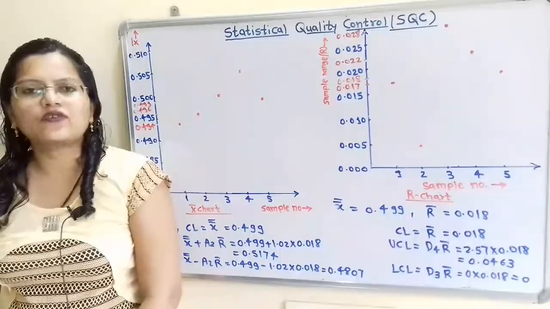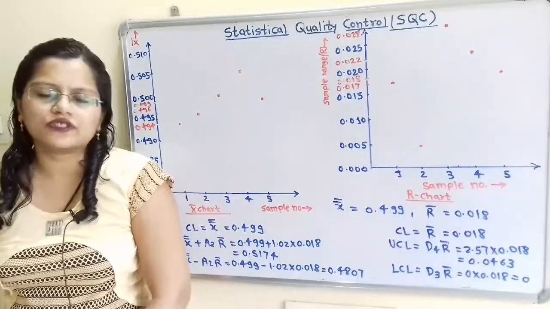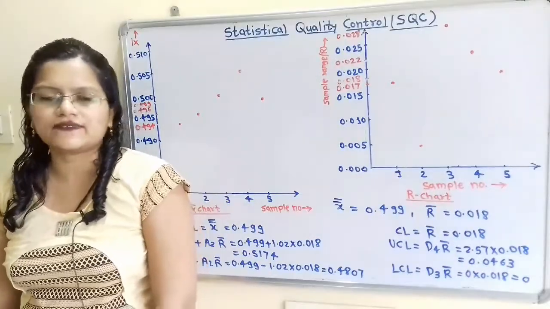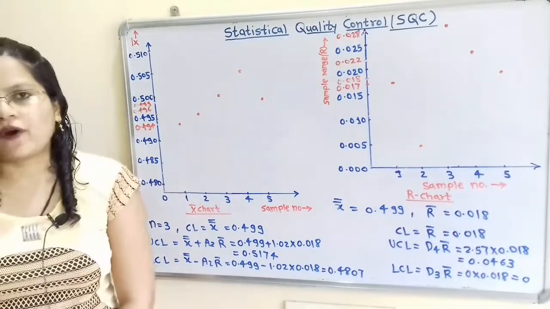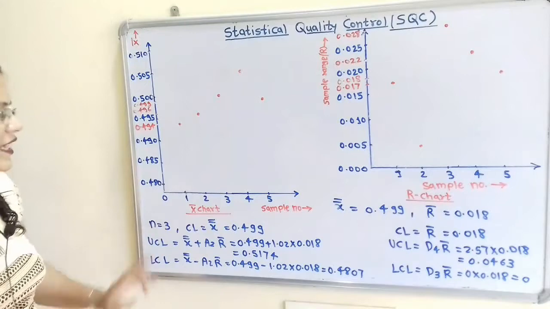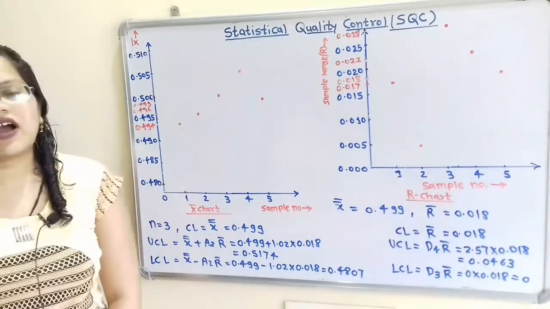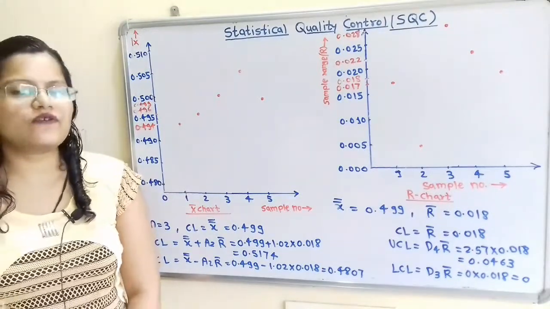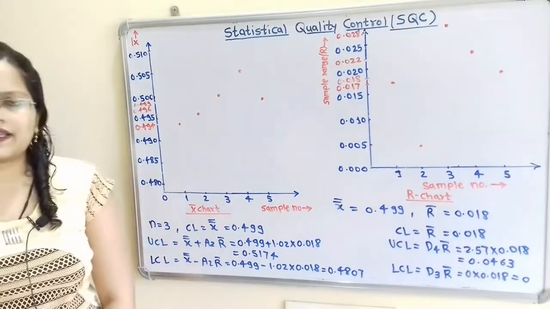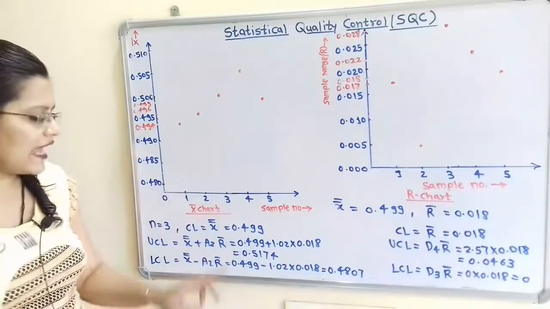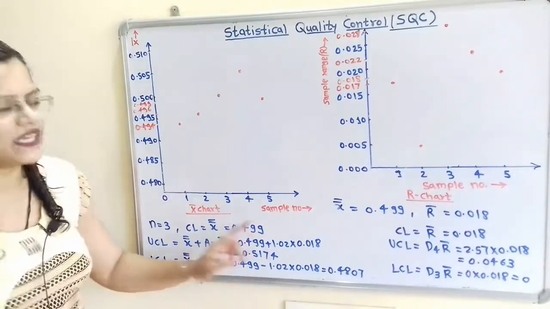Now we will calculate the control limit values for the X bar chart as well as the R chart. There are 3 observations, so the value of n is equal to 3. How do we calculate the center line? CL is equal to X double bar, and this value we have already calculated as 0.499.